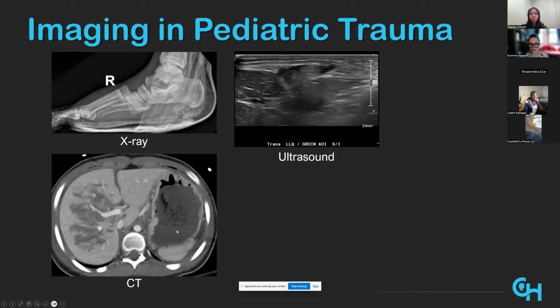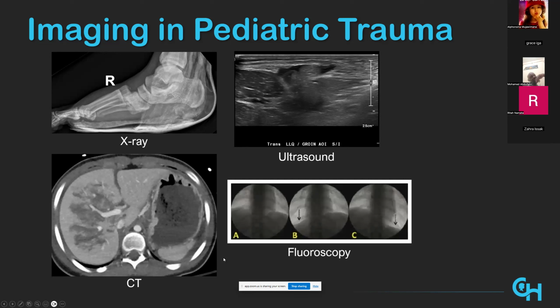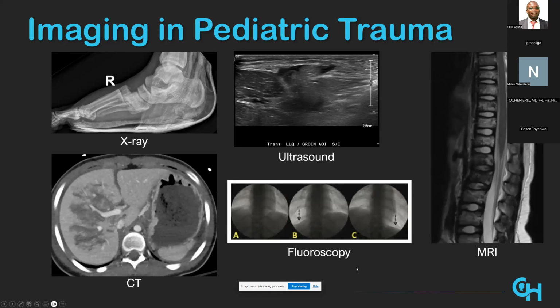So this is the higher radiation exams that we might use. Fluoroscopy is not as commonly used, but it may occasionally be used, such as in this example of diaphragmatic paralysis from the literature. We're not going to talk about fluoroscopy today.